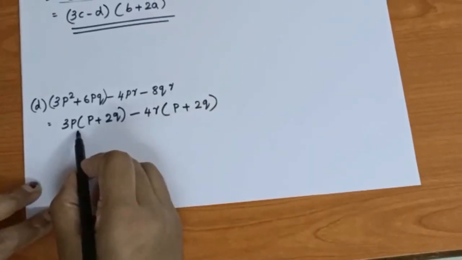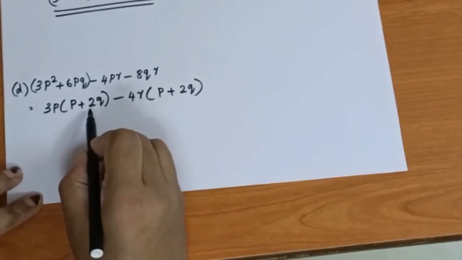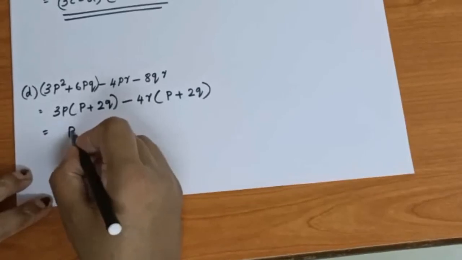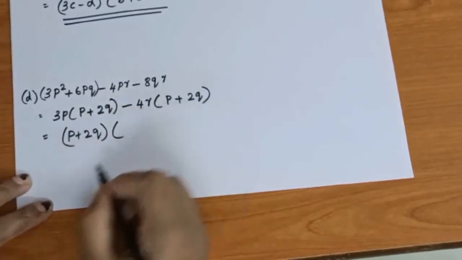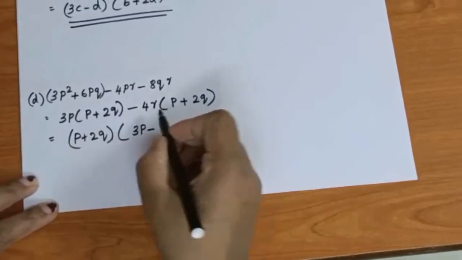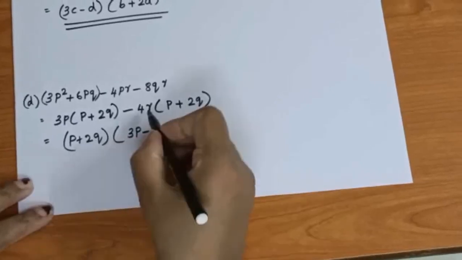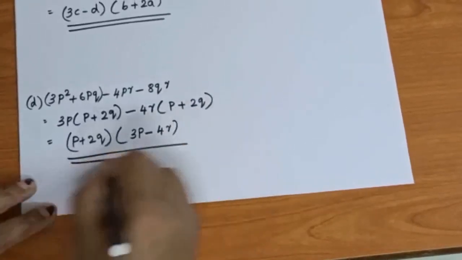Now we have two terms. From these two terms, p plus 2q is the common one, so take p plus 2q outside. Inside you will get 3p minus, and when we are taking p plus 2q outside, 4r is the balanced one. So 4r. So this is the answer.